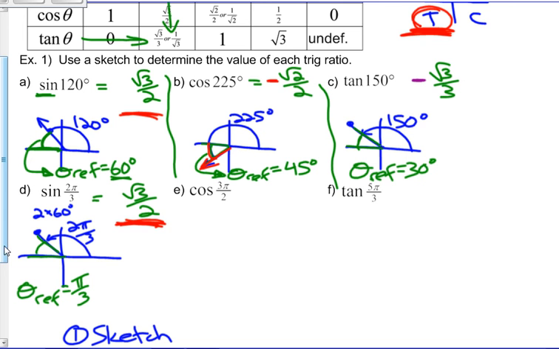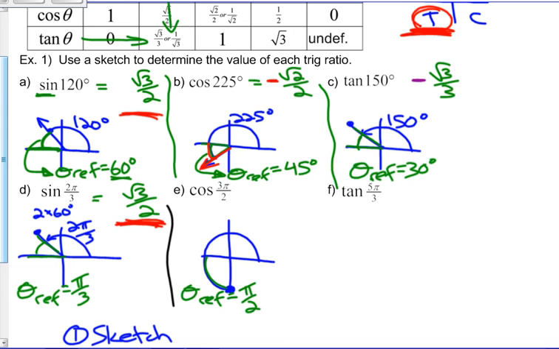We'll try another couple in radians. Cos 3 pi over 2. So pi over 2 is 90 degrees. That's 1 pi over 2, 2 pi over 2s, 3 pi over 2. Hey, right there. Theta ref in this case is 90 degrees, or pi over 2.